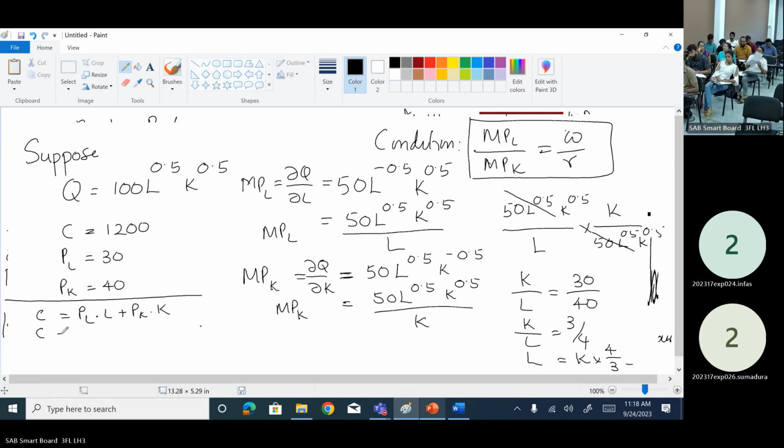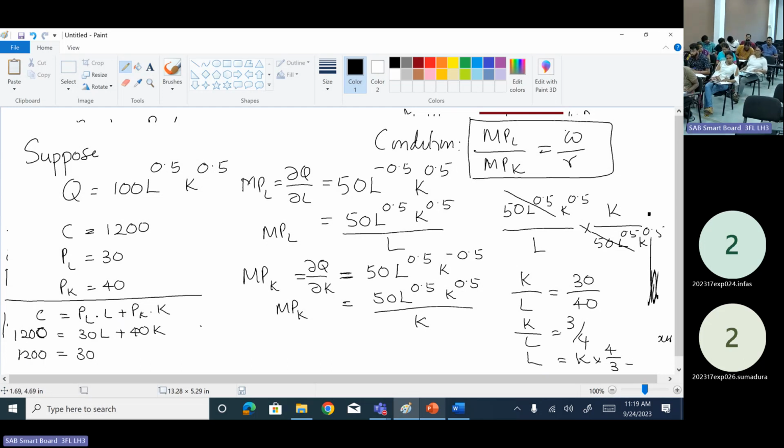Then the price of labor is 30 L plus 40 K, and the cost given is 1,200. We can simplify this equation, so you can substitute that one, the function, into 1,200.